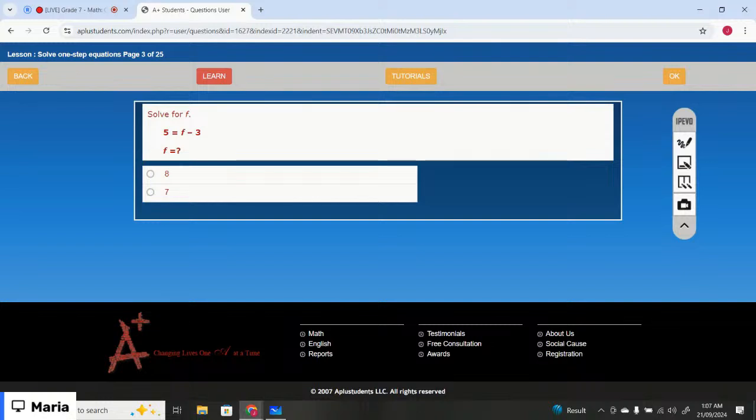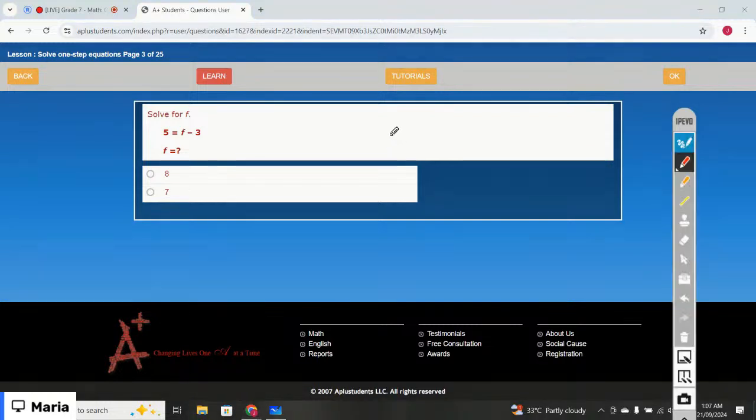Okay, the next one is solve for f. So you have 5 equals f minus 3. You need to add 3 to both sides, right? So f minus 3 plus 3, you have 5 plus 3. So minus 3 plus 3 makes 0. You are left with f equals 8.